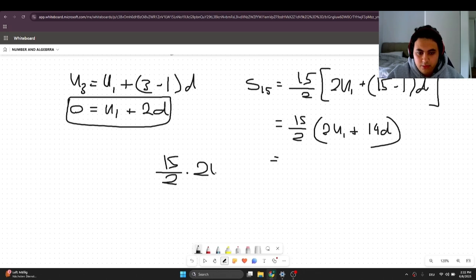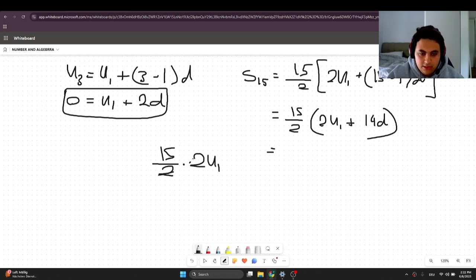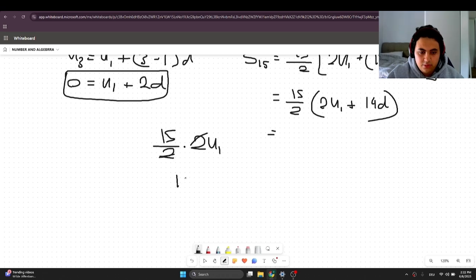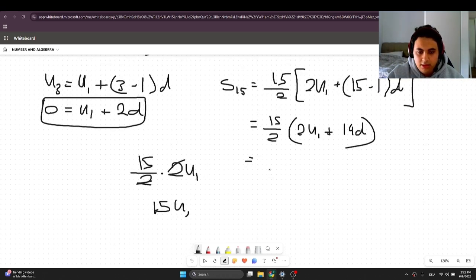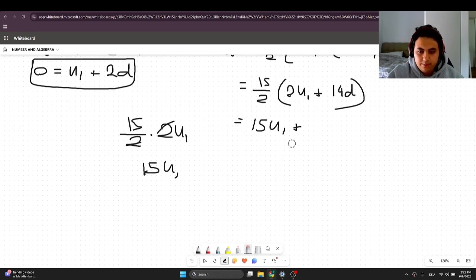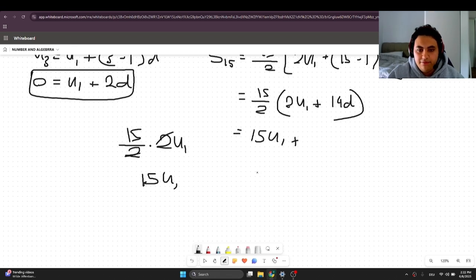multiplied by 2u1. What is this going to equal? Well, these two 2's cancel out, so it's going to be 15u1. Yeah? So 15u1 plus, and then we'll multiply 15 over 2 by 14d.